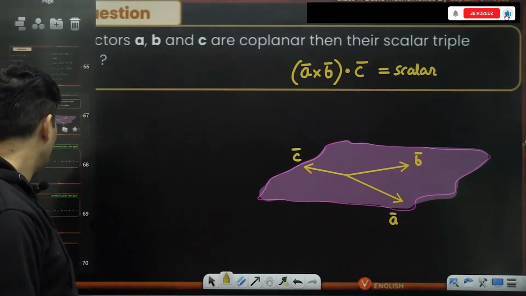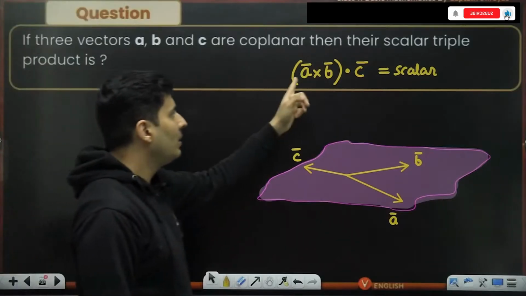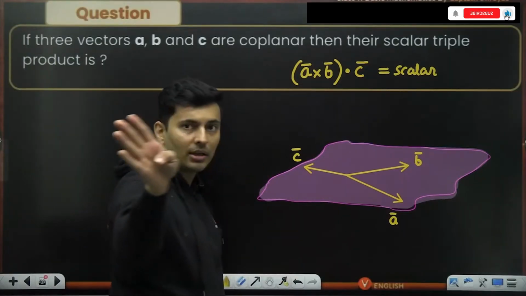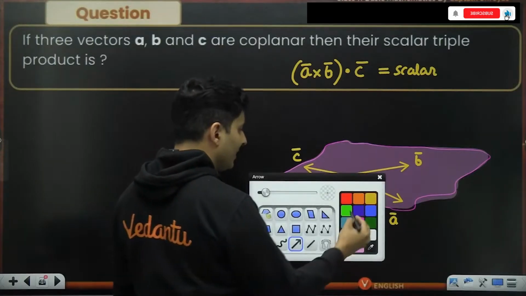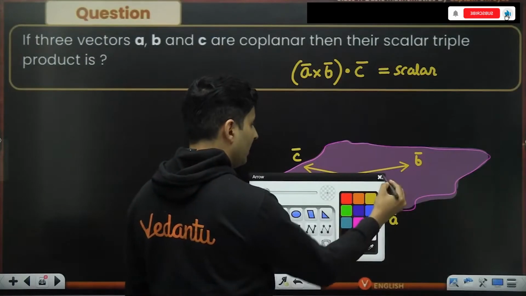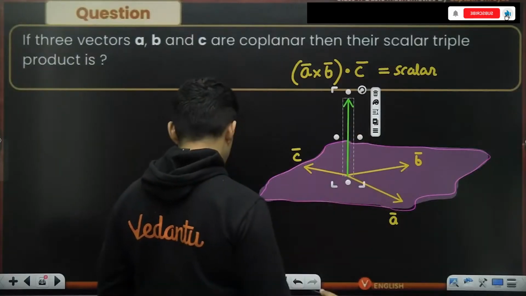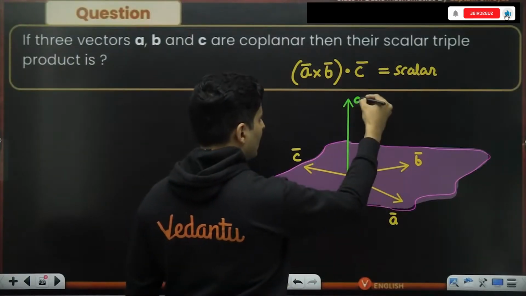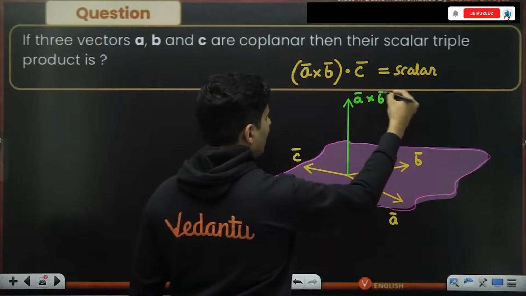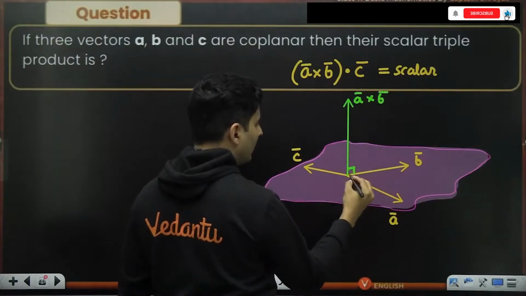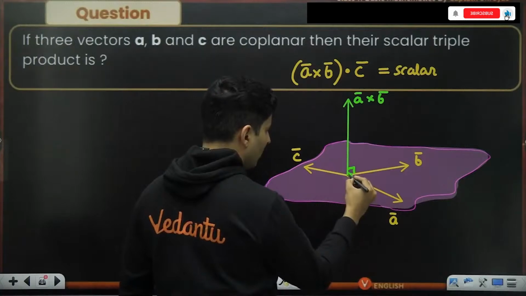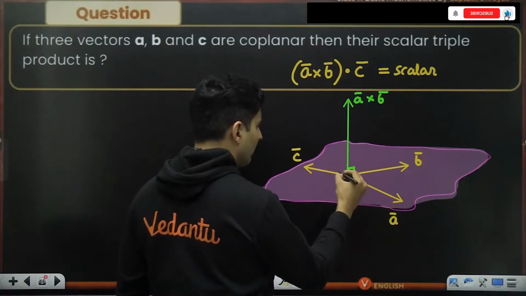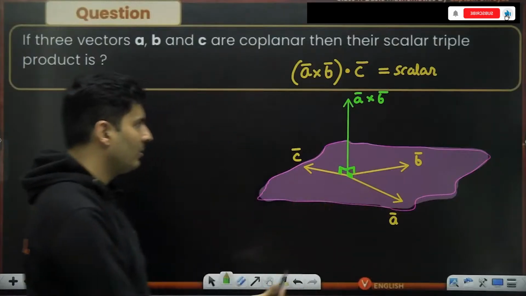Now observe this. If I do A cross B, take your right hand, four fingers, A cross B will be nothing but this particular vector. It will not only be perpendicular to B, it will also be perpendicular to A. Not just that, it will also be perpendicular to C. It will be perpendicular to the entire plane.